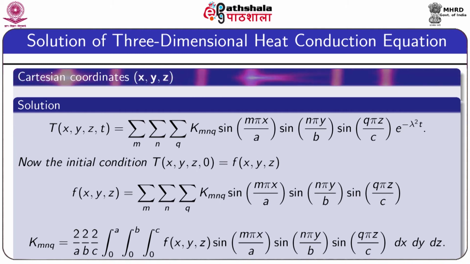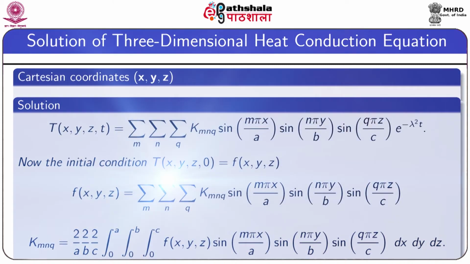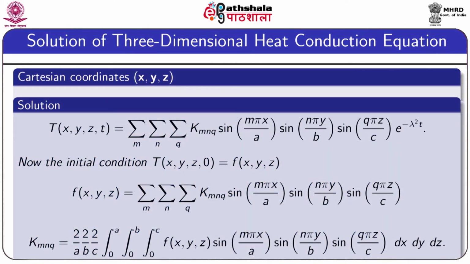So, the value of K can be obtained using the orthogonality property of sine series. To obtain K, we multiply this expression with sine m pi x by a, sine n pi y by b, into sine q pi z by c, and integrate over 0 to a, 0 to b and 0 to c, and then we get the expression for the constant capital K, which is shown here.